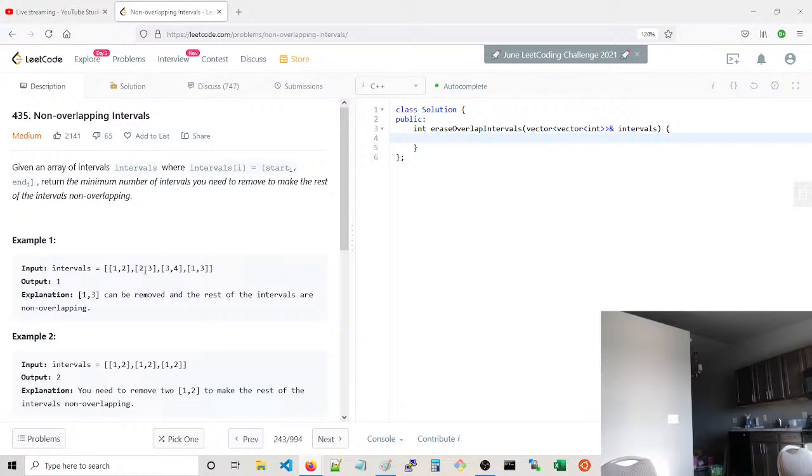Now the tricky thing here is it's not enough to even efficiently determine all of the overlapping intervals. That's all well and good, but that's still not enough. You want to do better than that.